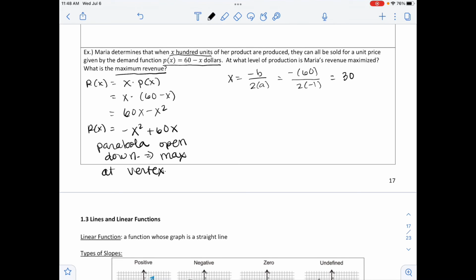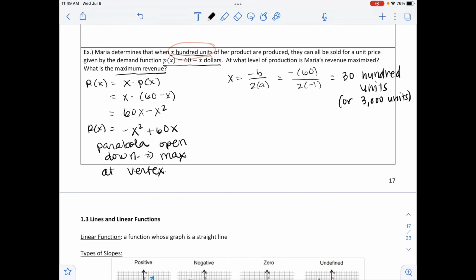Since this is our x value, we know that this is in hundreds of units, as stated above. Another way to say this is 30 plus 2 more zeros for the 100, or 3,000 units.